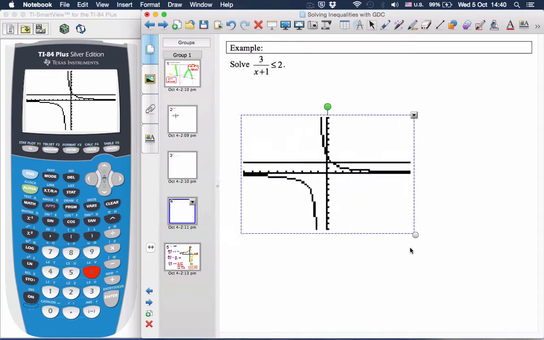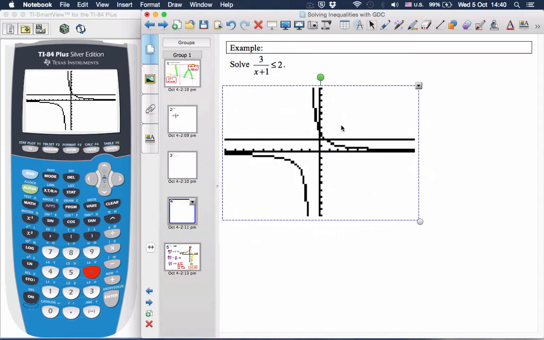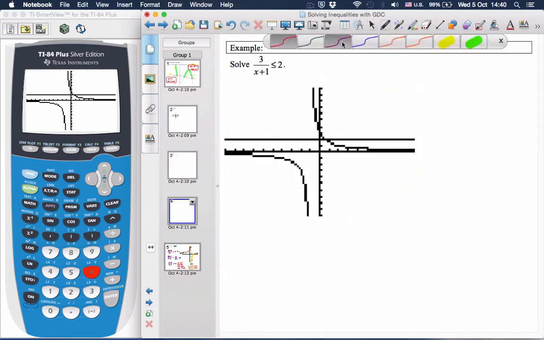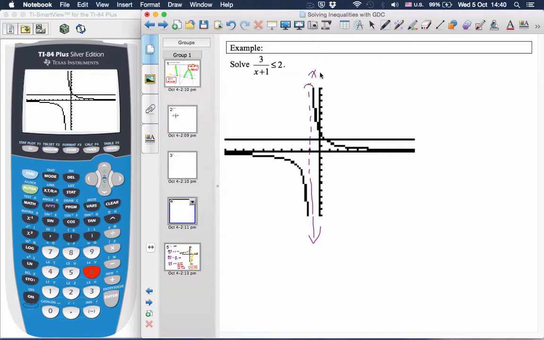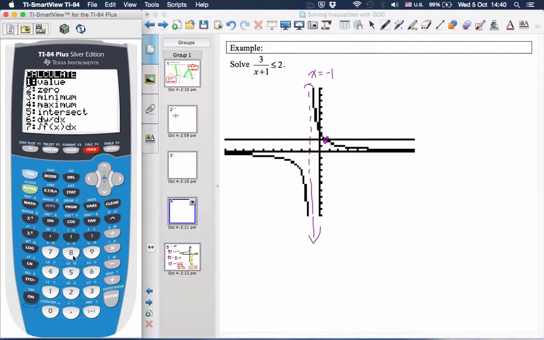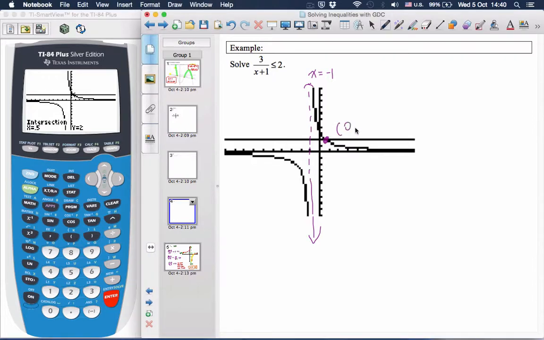All right, now here, the vertical asymptote is going to be x equals -1. And I need to know this intersection, and let's find that. Second, trace 5, enter, enter, enter, and that will be 0.5, 2. All right, when is 2 greater than or equal to the function?